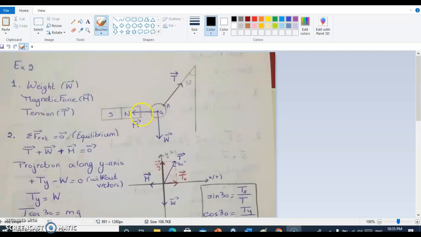The magnetic force is a horizontal force, and the weight is a vertical one. And tension is the only oblique one, so you expect that you will have to project T on the x-axis and on the y-axis to obtain its x component and y component respectively.